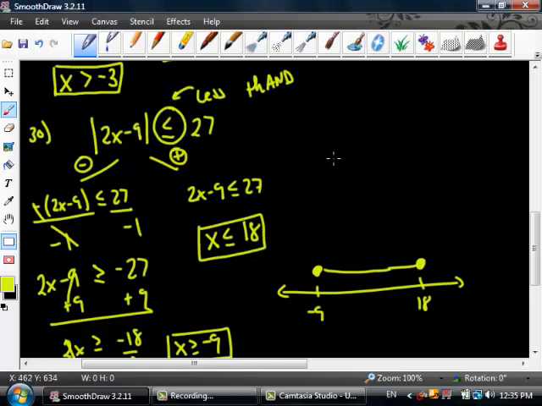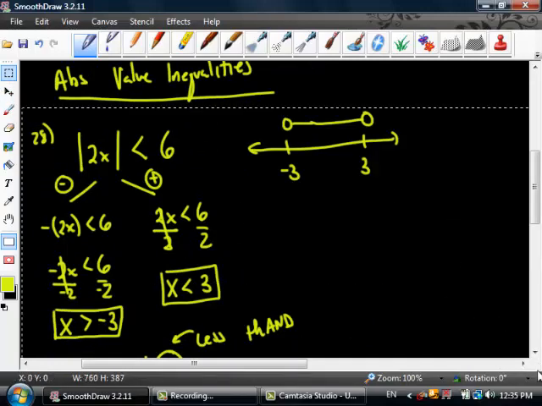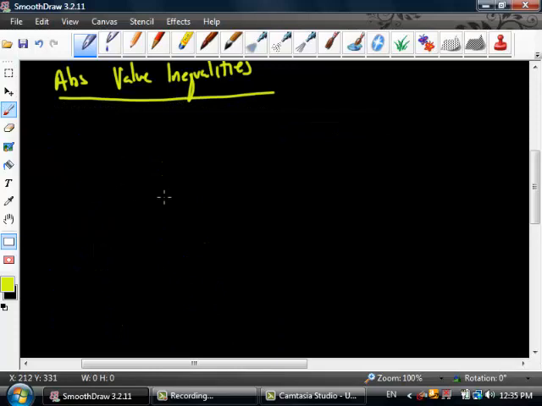When you get something like, say, 42, which is 5x minus 7, it's greater than 81.